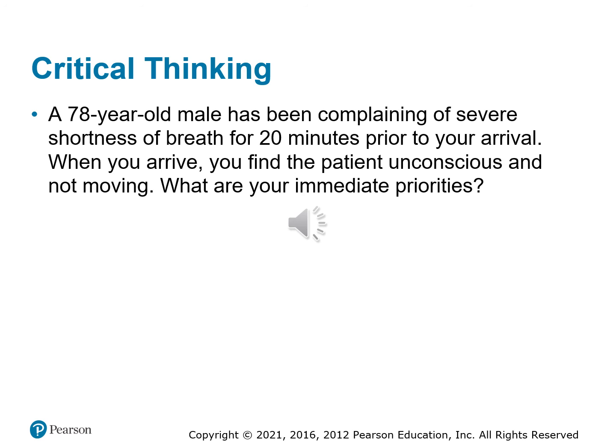We want the AED to analyze the rhythm, and we want to deliver that shock as quickly as possible if it is recommended. CPR should be restarted as soon as the shock is delivered or once the AED has identified no shock is advised. We want to continue to run this code using high quality CPR.